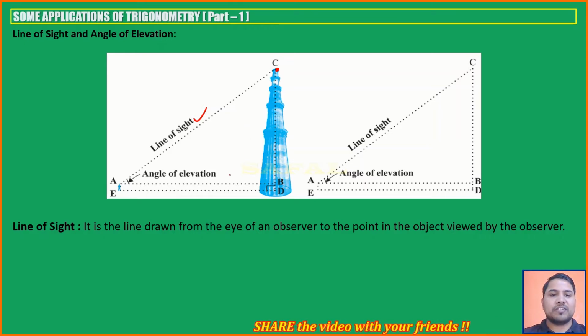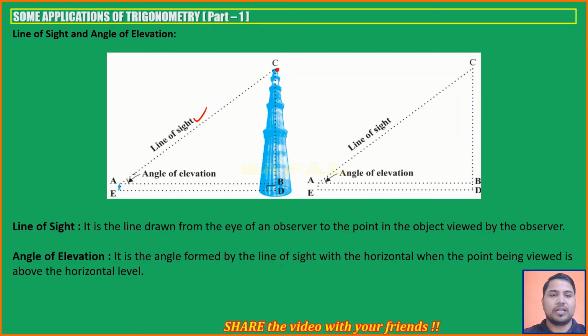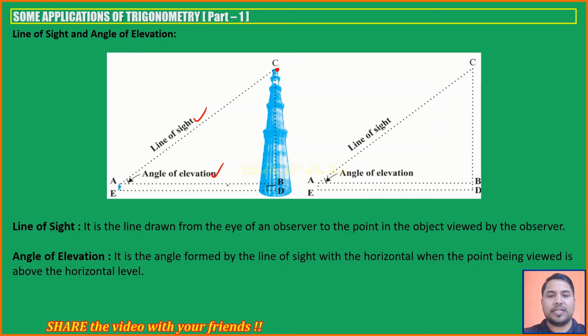With reference to horizontal, by how much he is raising his head in upward direction, that measure we call it as what? Angle of elevation. So we have the reference line AB. AB is horizontal, we call it as reference line. So the angle made by line of sight with the horizontal is known as what? Angle of elevation.